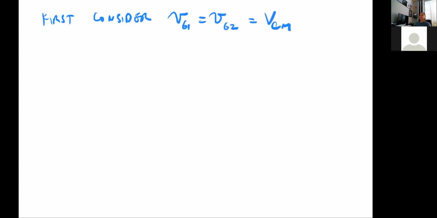So obviously then our differential input is 0. What happens there? Furthermore, when we build this circuit, we're going to strive for Q1 and Q2, the transistors, to be matched. So that means that they have the same electrical width of the channel, essentially.